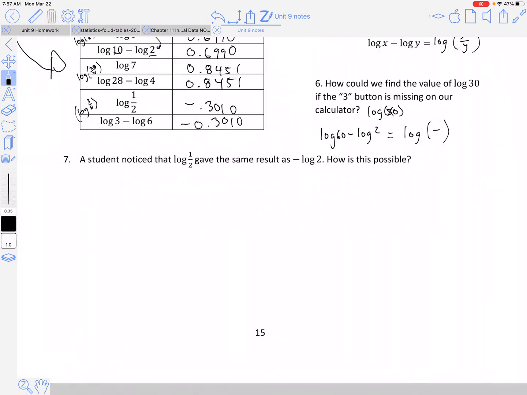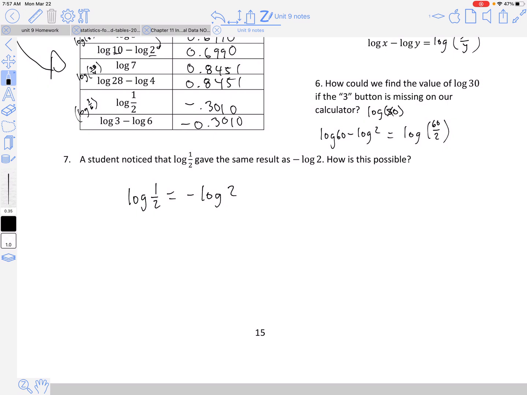All right, a student noticed that log of 1/2 was the same as negative log 2. How is that possible? So log of 1/2 was the exact same as negative log 2.